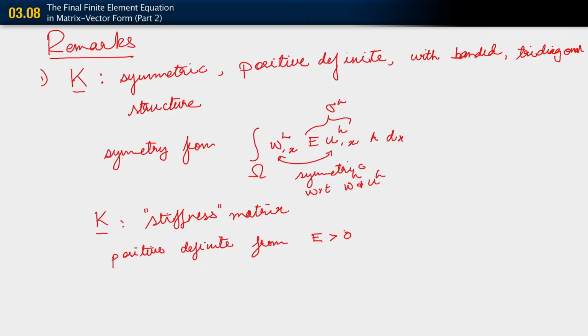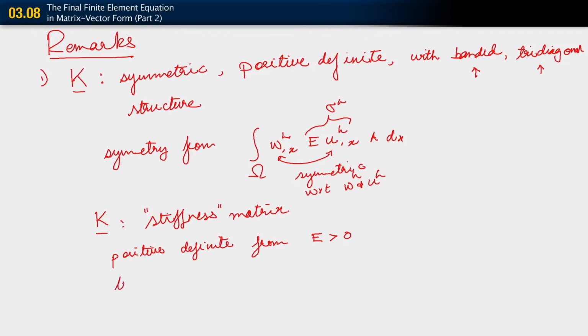The particular banded tridiagonal structure comes from the fact that there are two first order derivatives and that we have a linear set of basis functions. Okay. Well, no, the bandedness is actually included when I say tridiagonal.